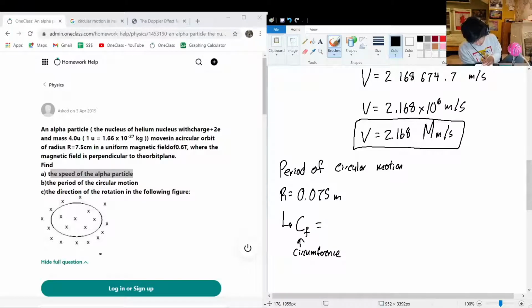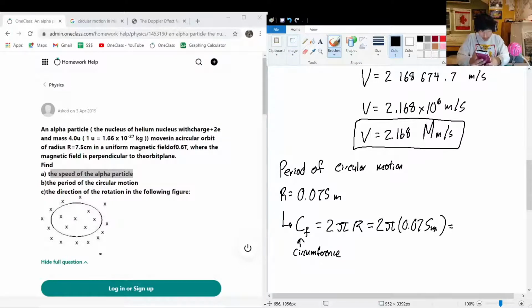So the circumference of a circle is 2 times pi times the radius. So we have 2 pi times 0.075 meters. And this is going to give us 2 times pi times 0.075.